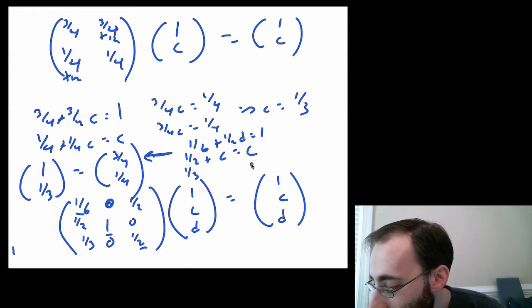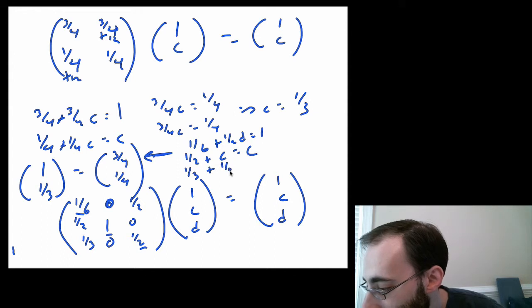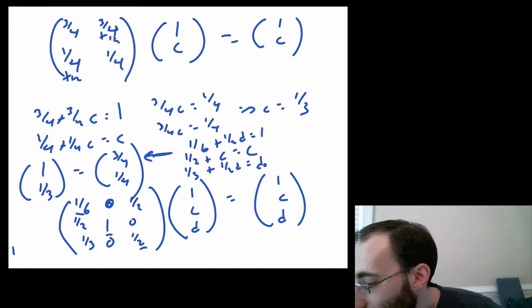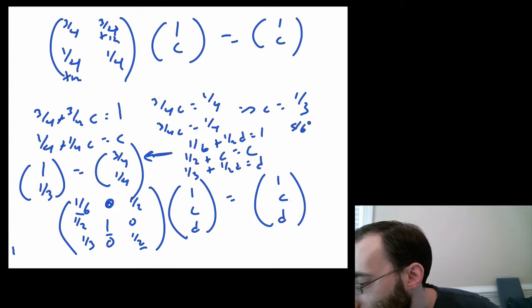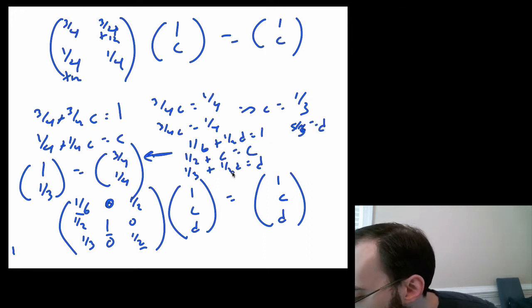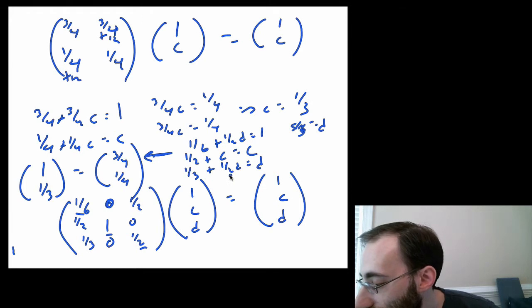And 1/3 plus 1/2 d equals d. And we get what? We get, let's see, 5/6 times 2, that's 5/3 equals d from the first one.